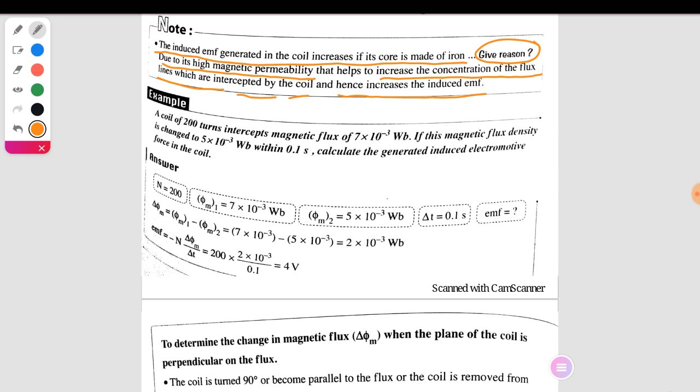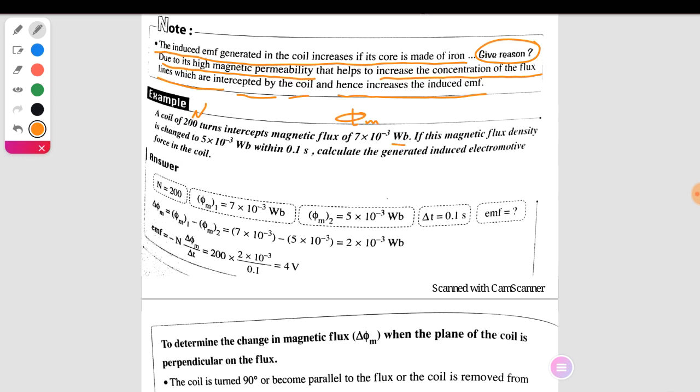Example about Faraday's law. If you have a coil of 200 turns, this is the number of turns, which intercepts a magnetic flux phi M, measured in Weber.